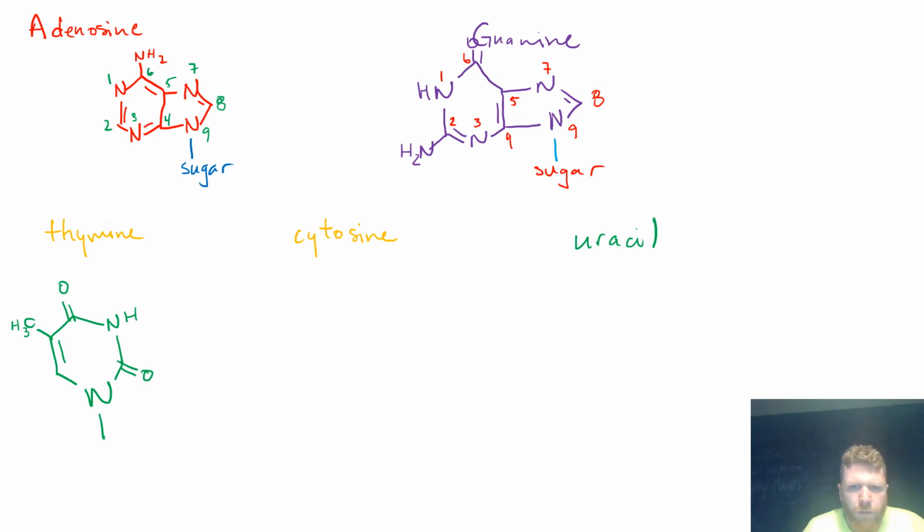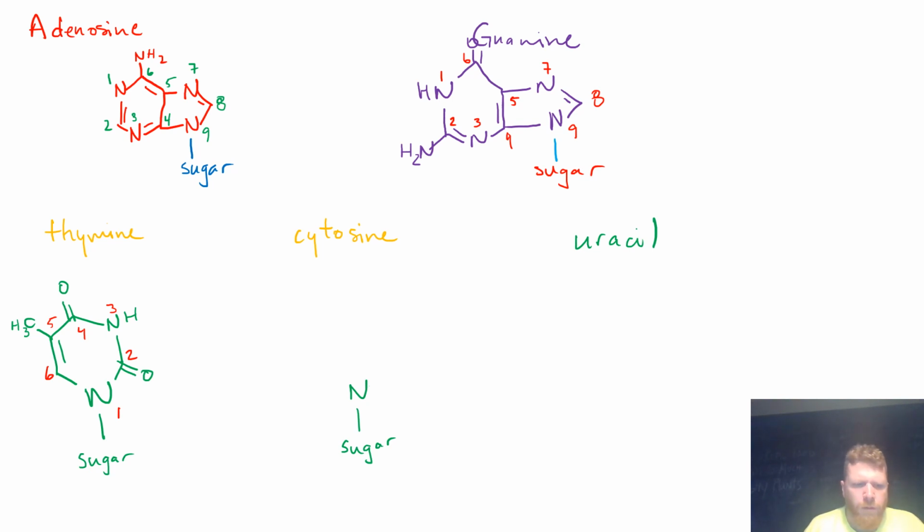Okay, now for our numbering, I'll go into red, and I'll label down here, 1, 2, 3, 4, 5, 6. Now for cytosine, I'm going to go with the same color, nitrogen at the bottom. Oh yeah, and again, sugar. Oh, sorry about that. Let me correct that.